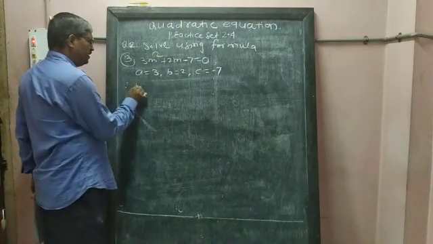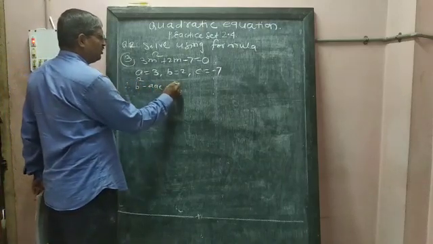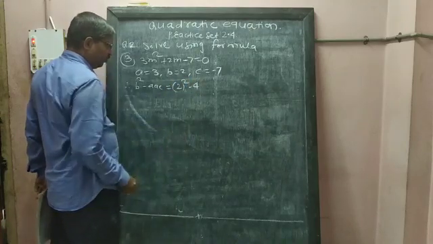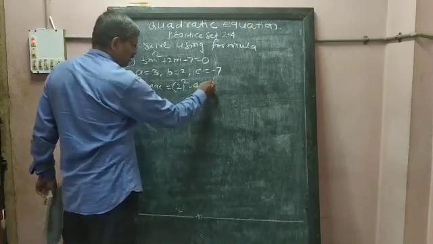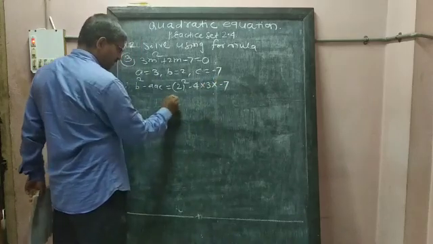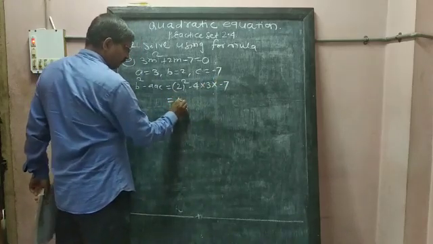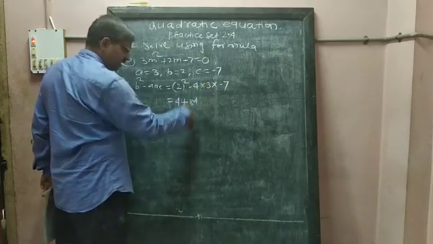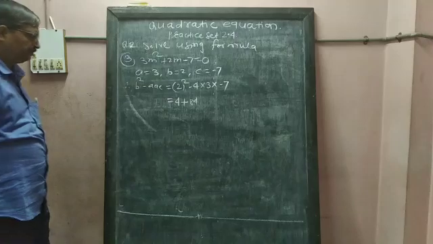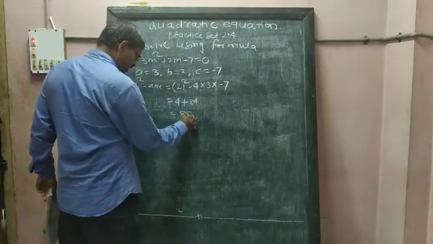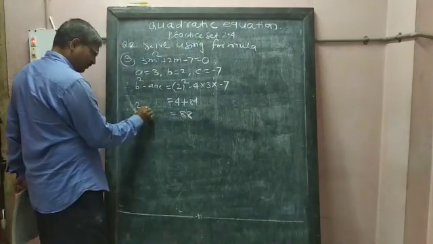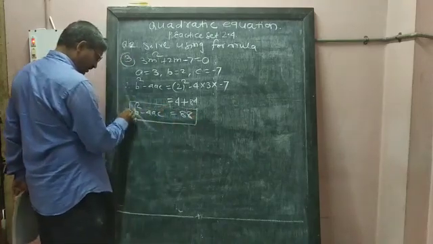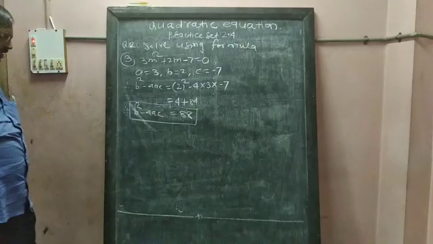Thus find b square minus 4ac is equal to, b square means 2 square minus 4, ac means into 3 into minus 7, plus 2 square means 4, minus minus plus, 4 3s are 12, 12 7s are 84, means you will get 88. b square minus 4ac is equal to 88.